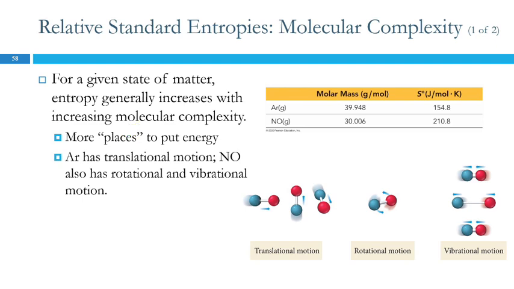So let's look at the possible types of motion for kinetic energy. We have translational motion, which is this molecule moving through space. We have rotational motion, things spinning around in one place. And then we also have vibrational motion, where those bonds can stretch and contract and stretch and contract.